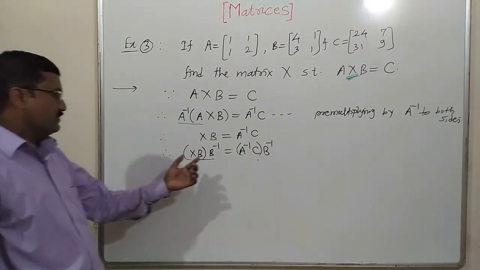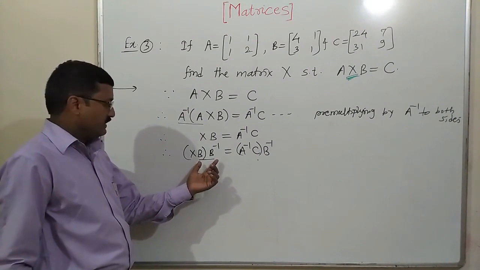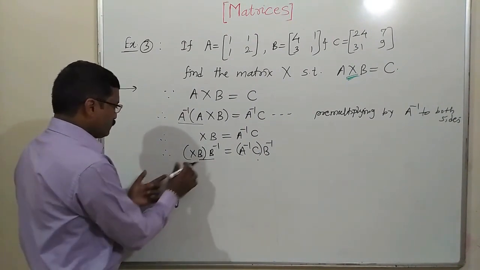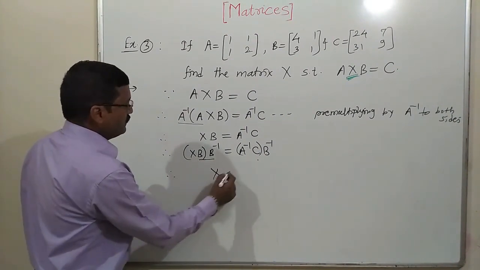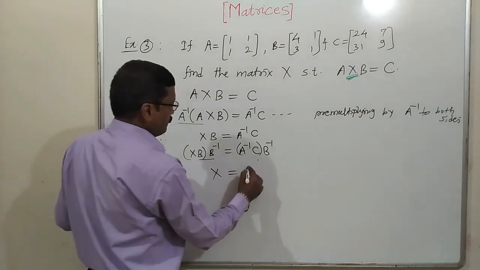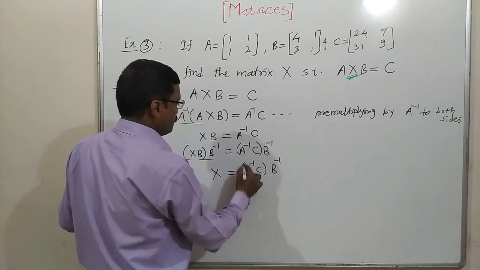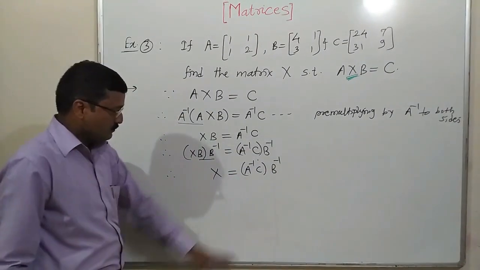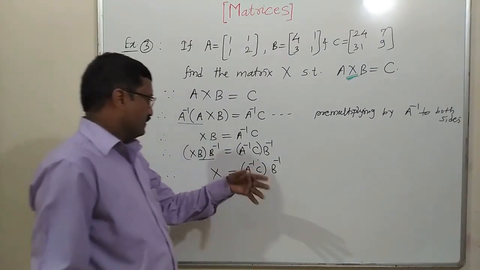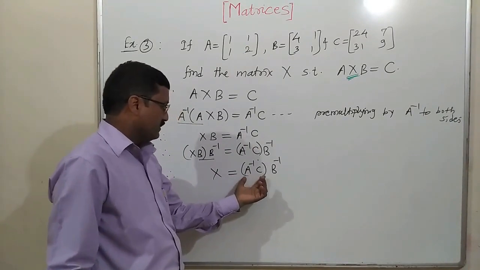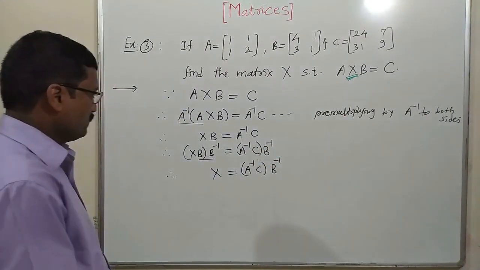We can use property of associativity. From that we get B into B inverse, that is equal to I. So remains only X in next step, that is equal to A inverse C into B inverse. No need to change bracket here, because in multiplication we will take first multiplication of these two, after that multiplication with B inverse.